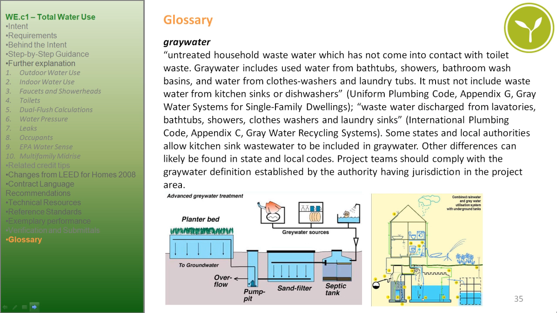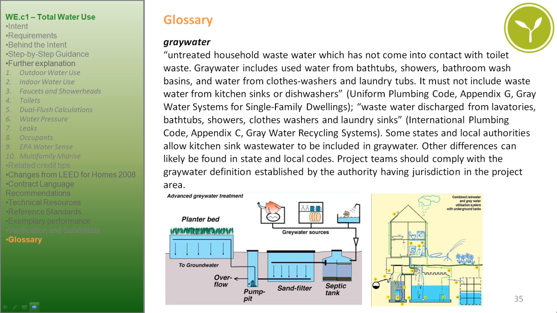Gray water: Untreated household wastewater which has not come into contact with toilet waste. Gray water includes used water from bathtubs, showers, bathroom wash basins, and water from clothes washers and laundry tubs. It must not include wastewater from kitchen sinks or dishwashers. Uniform Plumbing Code Appendix G, Gray water systems for single-family dwellings: wastewater discharges from lavatories, bathtubs, showers, clothes washers, and laundry sinks.